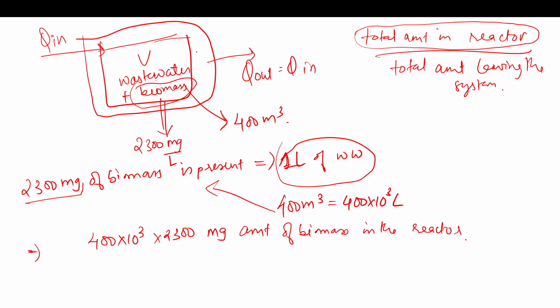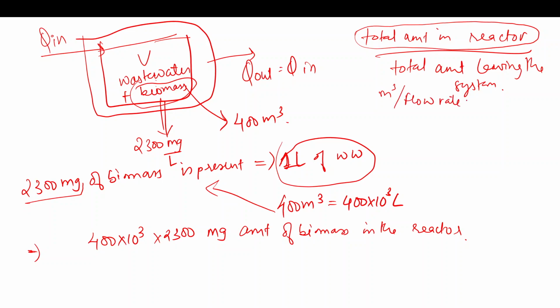Okay, so this is for inside the reactor. Now, if you look at what is coming out, how do you calculate retention time? Meter cube volume per unit flow rate.